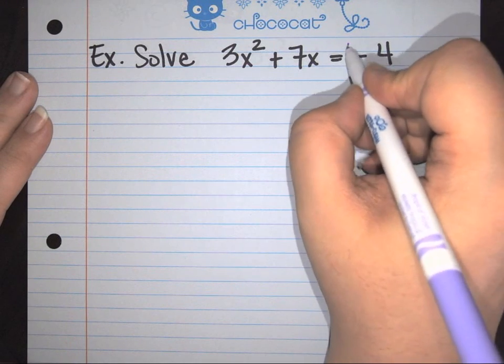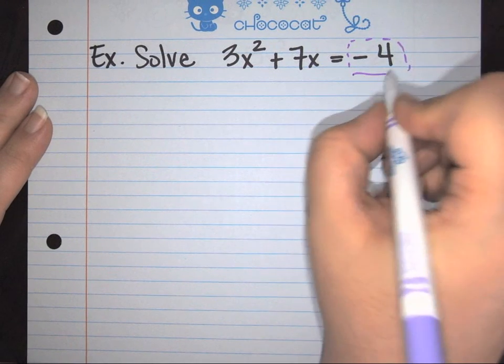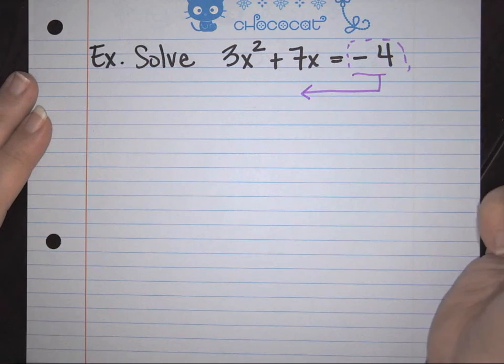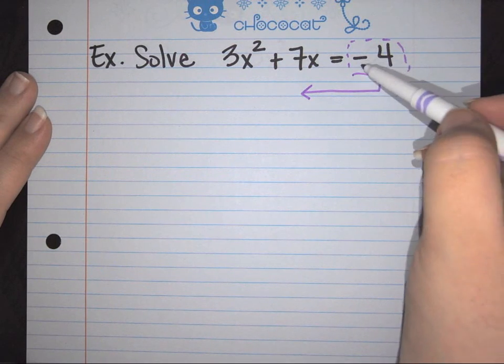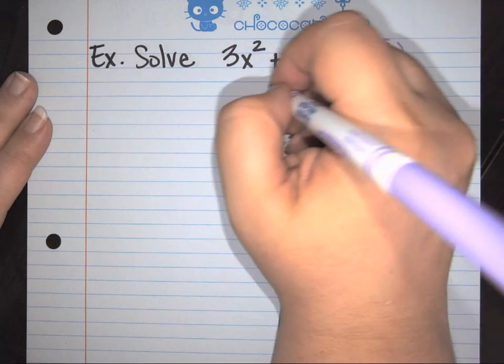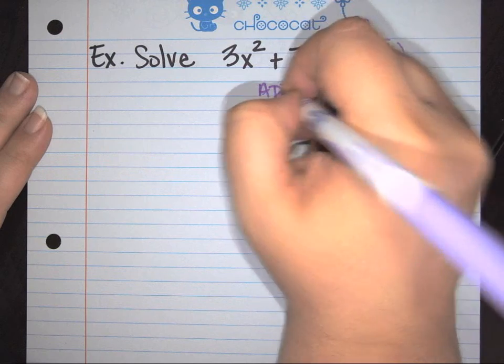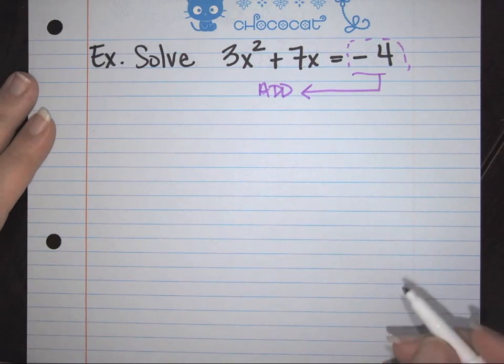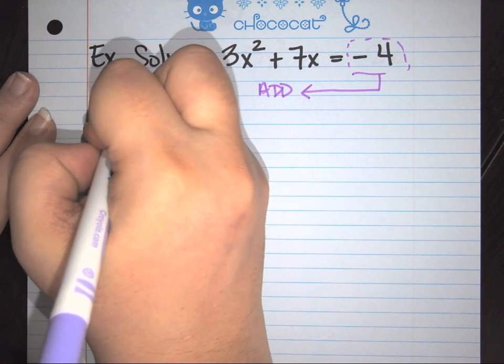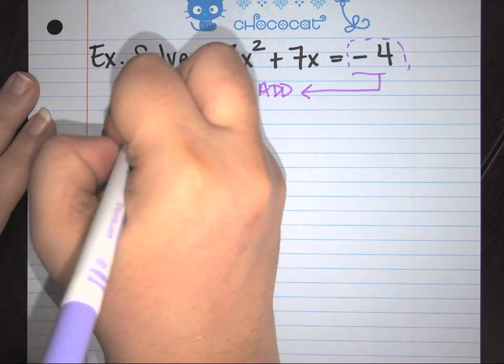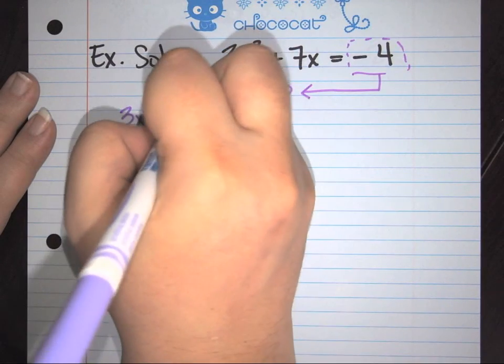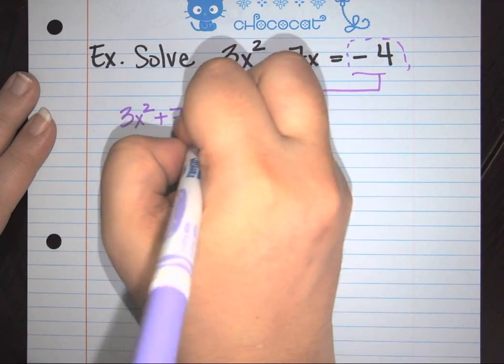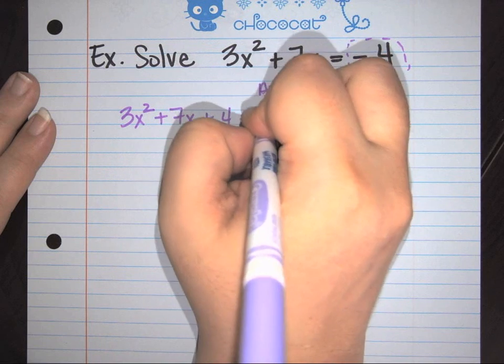Since it is negative, it means I need to add to the other side. So here my equation becomes 3x squared plus 7x plus 4 equals 0.